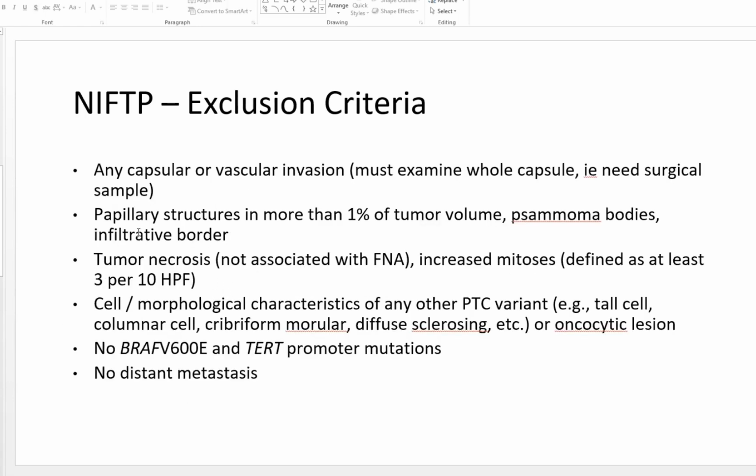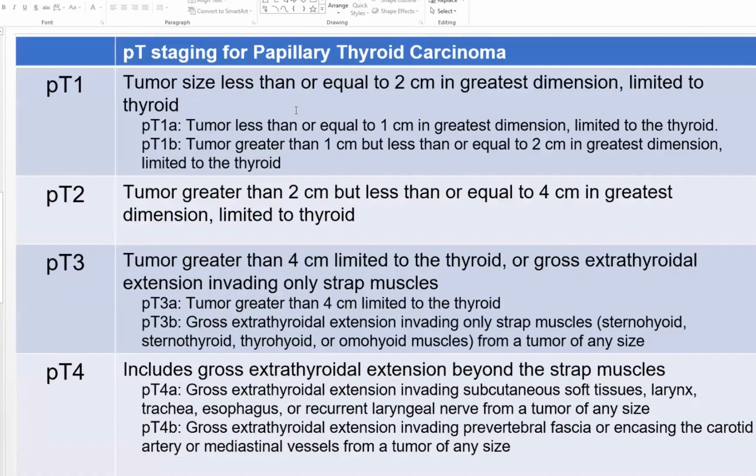These are very important to know because you can see these grossly if needed. While we didn't really talk about PTC, I want to end up with a reminder of the pT staging for papillary thyroid carcinoma, paying attention to the size restriction and the size limits, as well as any extrathyroidal extension, which determines your higher stage disease categories.